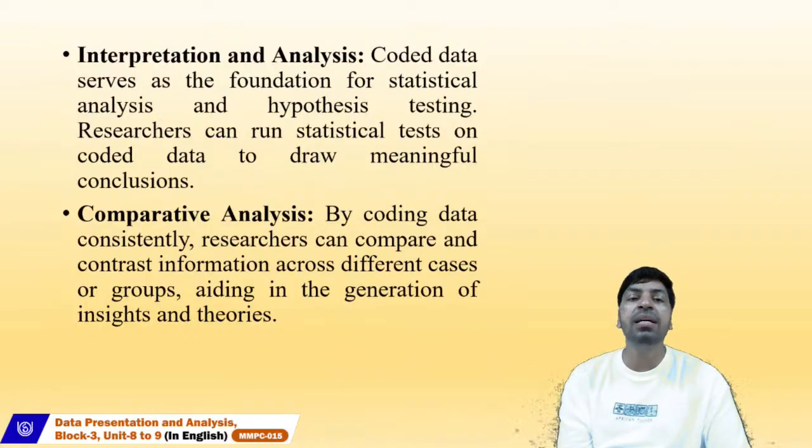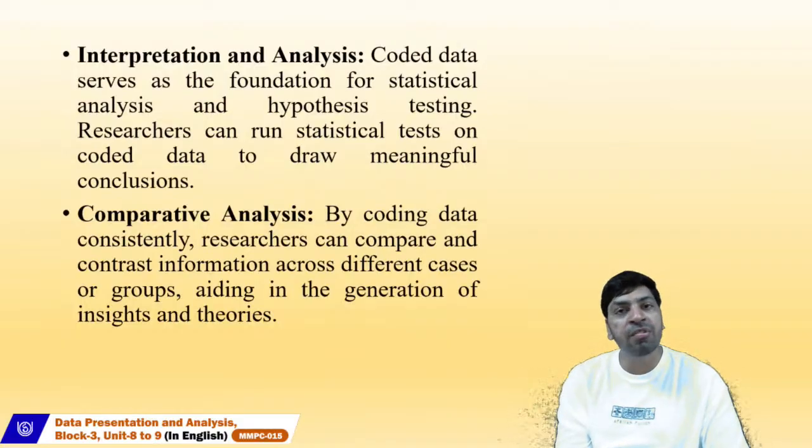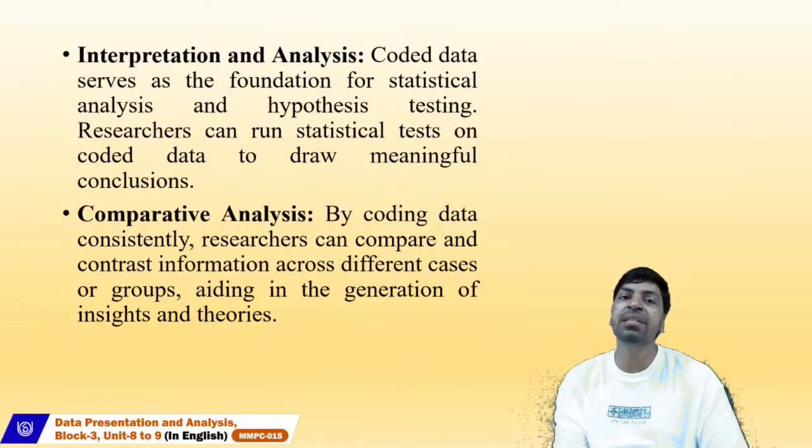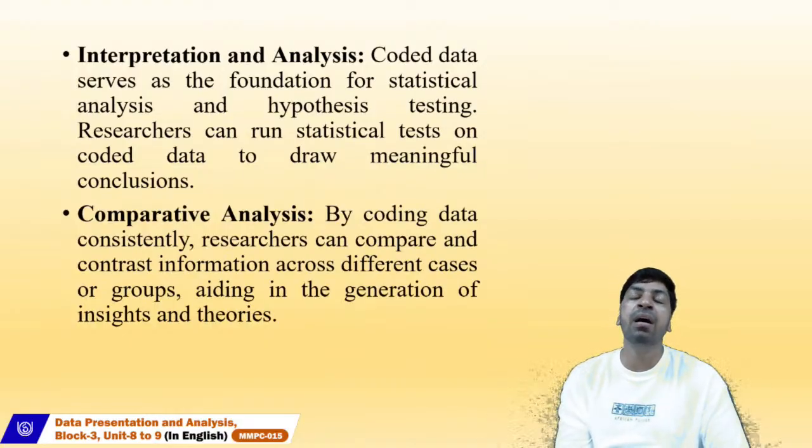By coding data consistently, researchers can easily compare or contrast information across different cases, categories, or groups, so that they can gain deeper insight about the theories and foundations involved in terms of patterns, relationships, or groups.